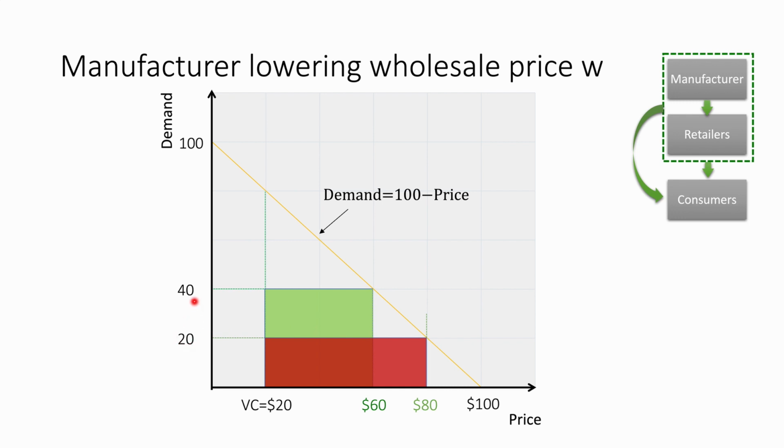It's 20 versus 40. This is why double marginalization is bad for both the manufacturers and the retailers, because in double marginalization, the retail price is too high and the demand in market is too low, and the total channel profit is lower than what it could be.